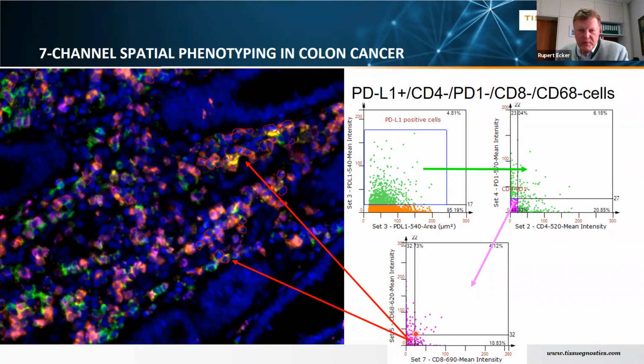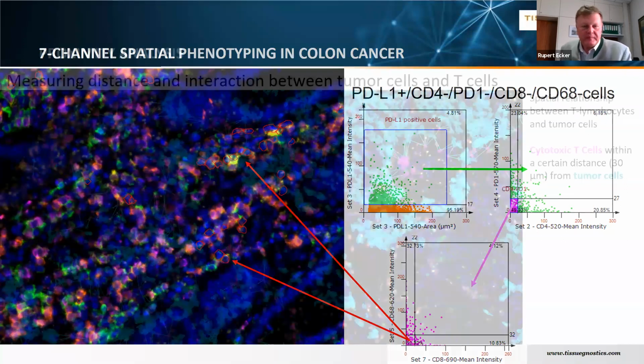And if we make now the backward connection on this gate, we see now in red contour those cells which are PD-L1 positive, CD4, PD-1 negative, and CD8, CD68 negative. So this is what is also called gate arithmetic, positive in one gate, negative in other gates. And so you can visualize where a certain subpopulation of cells is located in your sample.